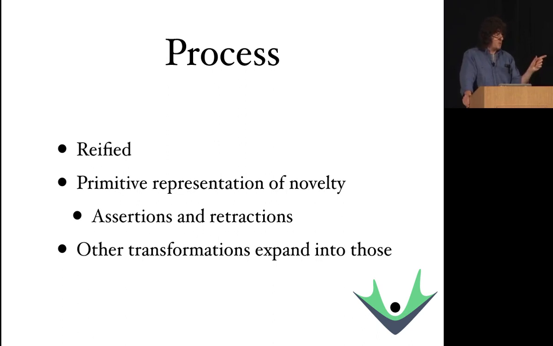So one of the things we want to make sure is, when we grow our value, and we represent the process, which is what's new, that process is minimal, that our representation of novelty is minimal. It's as small as it can be. And one way to do it, I'm not saying this is the only way, but one way to represent novelty is to say we're only going to represent data as facts, and the only way we're going to represent process is as the assertion or retraction of a fact.